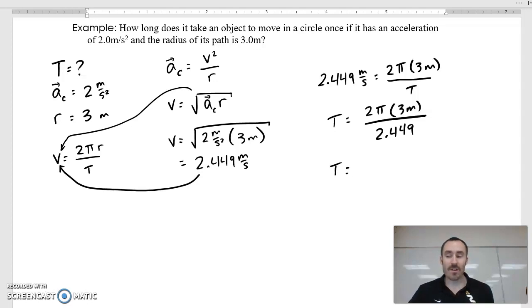And so our period turns out to be 7.7 seconds. Okay, that's the right number of sig figs from the question. They both have 2. That's our final answer.